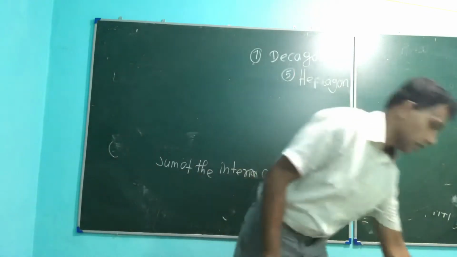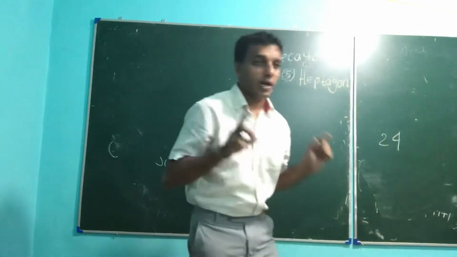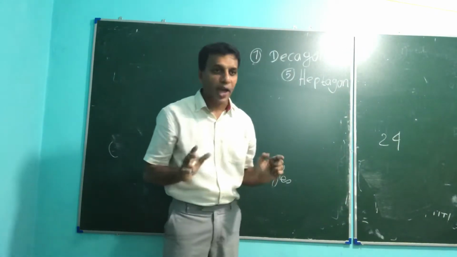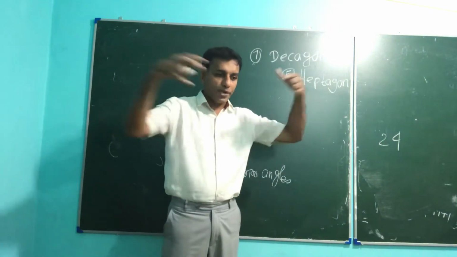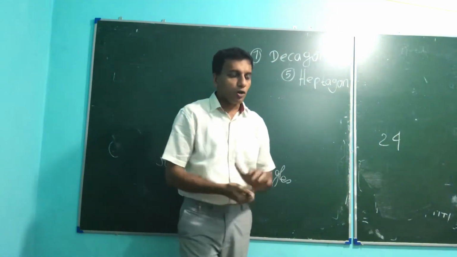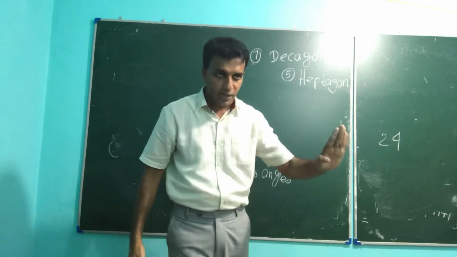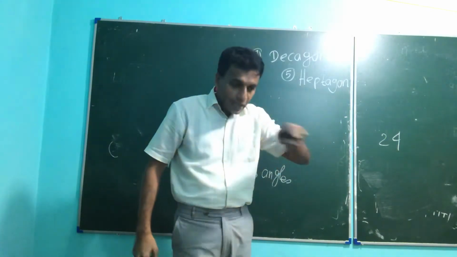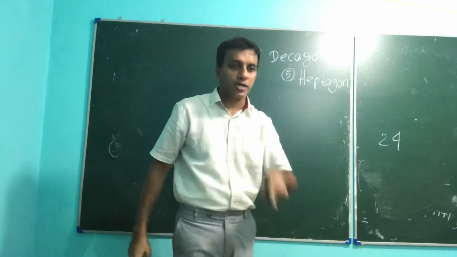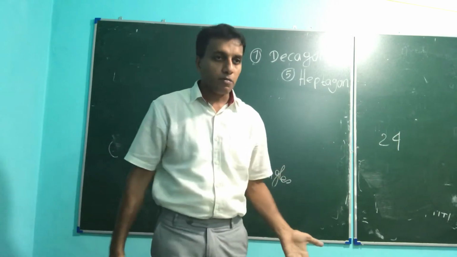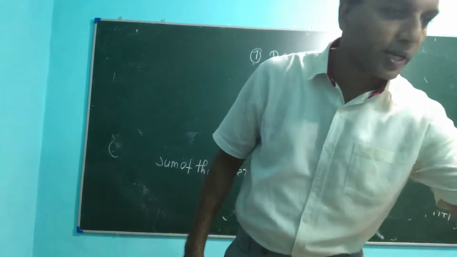So what is that? A decagon is like this. You can draw 10 triangles inside, no? Those 10 triangles are not necessary, because at the middle point there are totally 10 angles. That is more, therefore you have to remove those, right?